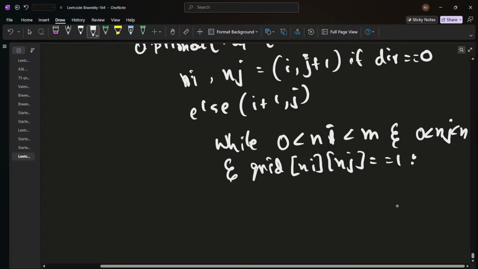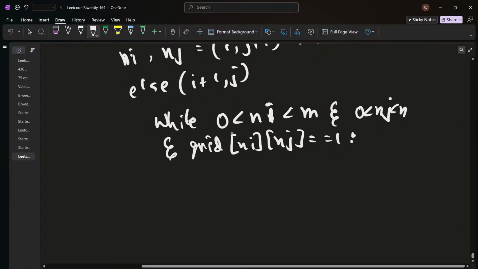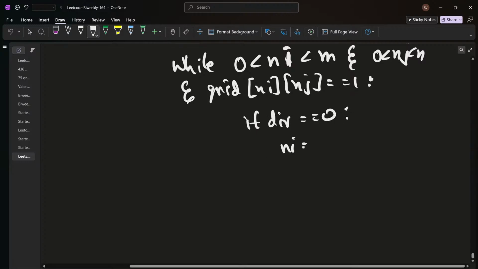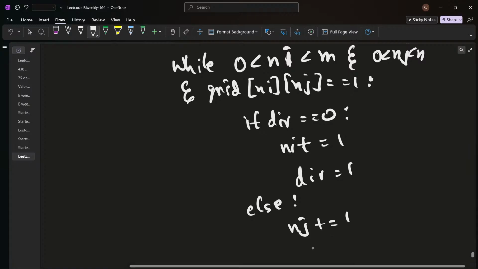This is for the reflection of mirror. After this, I'll put an if direction is equal to 0. This is moving right, that is reflect to down. Increment ni, then direction is equal to 1, else increment nj, direction is equal to 0.